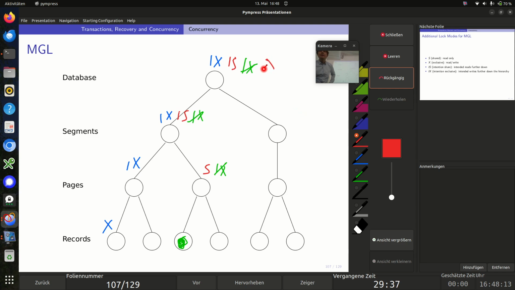And then no one else is allowed, and having a lock on the whole database, I have to wait until the others have finished, and then we can avoid the phantom problem. You remember the phantom problem? If you have a count of all qualifying tuples, someone has inserted a tuple, and then the count would change. Having this kind of lock would avoid the phantom problem.